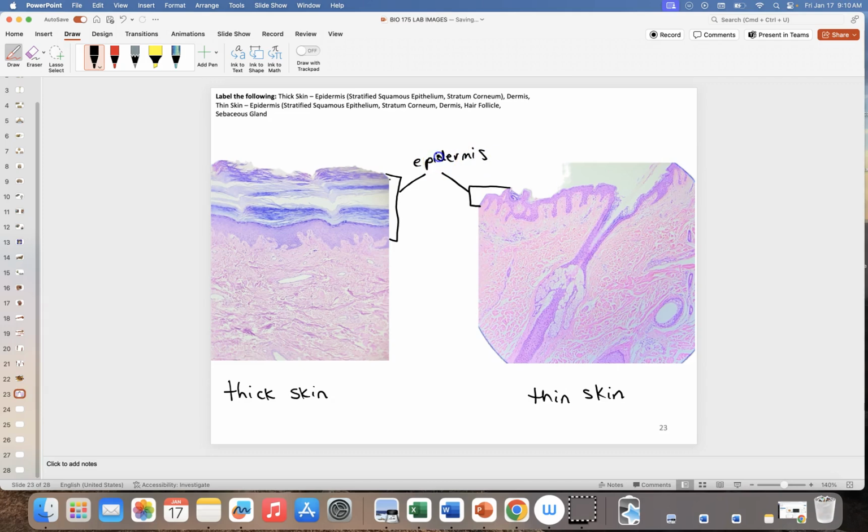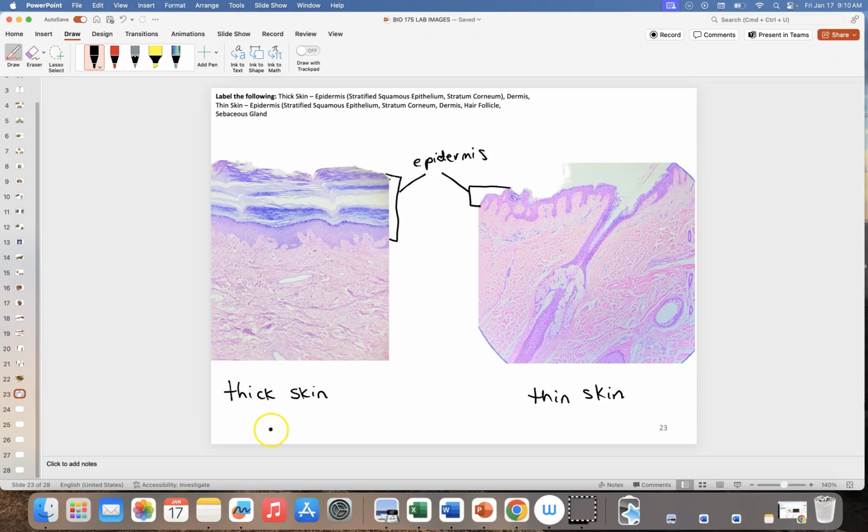And what do you notice between the two? Right, the epidermis on thick skin is thicker when we look at our bracket here than when we compare on thin skin. Thick skin, we're going to have 5 layers or strata of the epidermis.